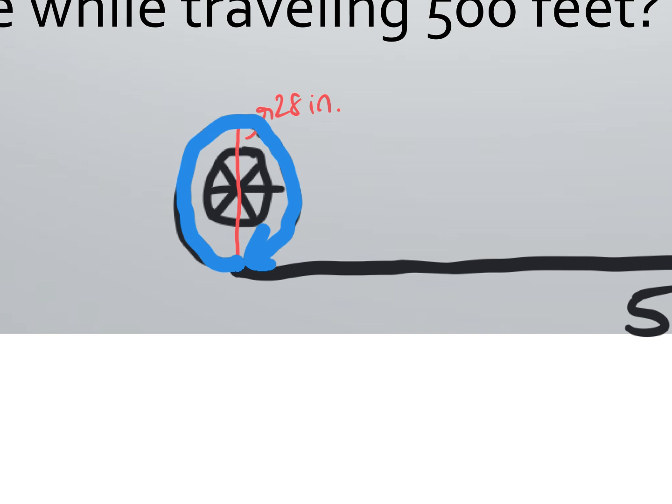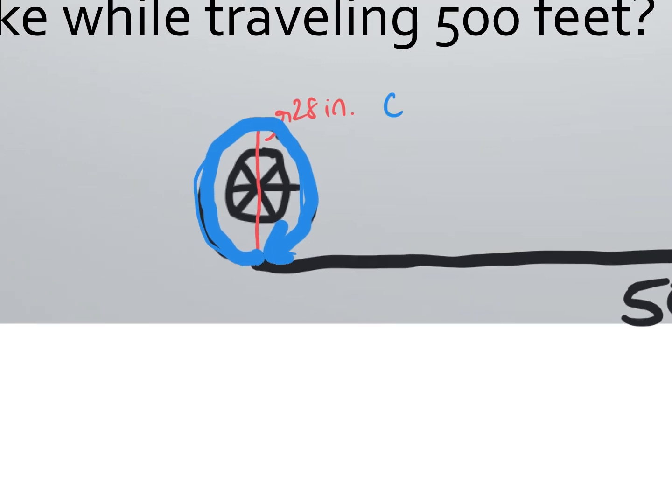It's traveled around one full time? And it's also traveled that distance on the ground because it rotated that length around on the ground, correct? So if our car rotates that distance, as long as we find the circumference, we're going to find how much it travels in one revolution, okay? So circumference equals 1 revolution.